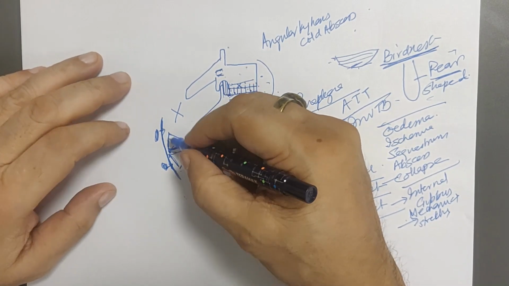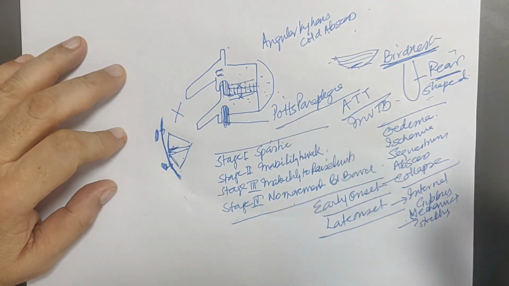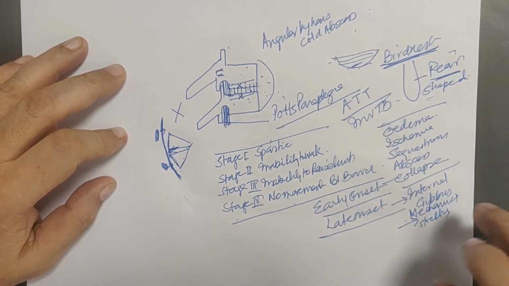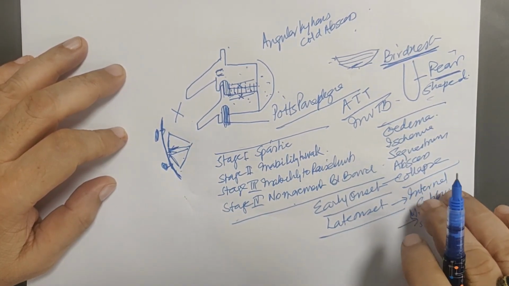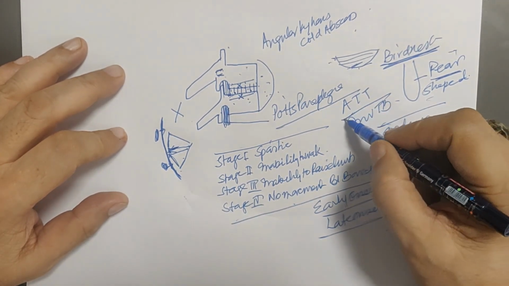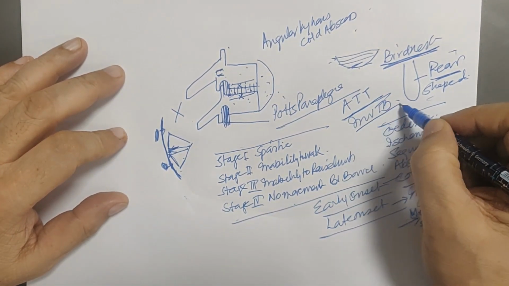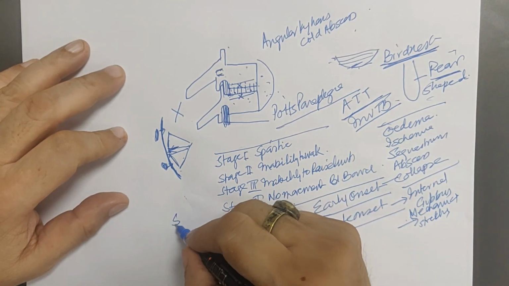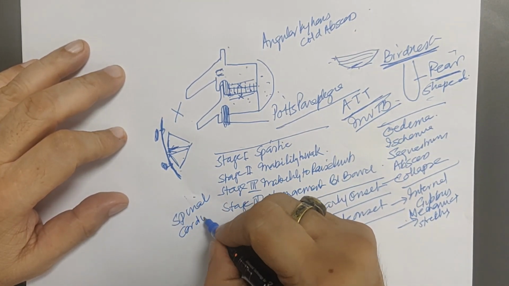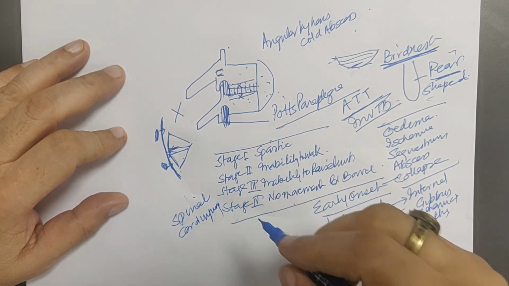So this three-point pressure produces stretching of the cord and involvement of the spinal cord. Then everything about Pott's paraplegia, except ATT and investigation of tuberculosis, is just like paraplegia due to spinal cord injury.